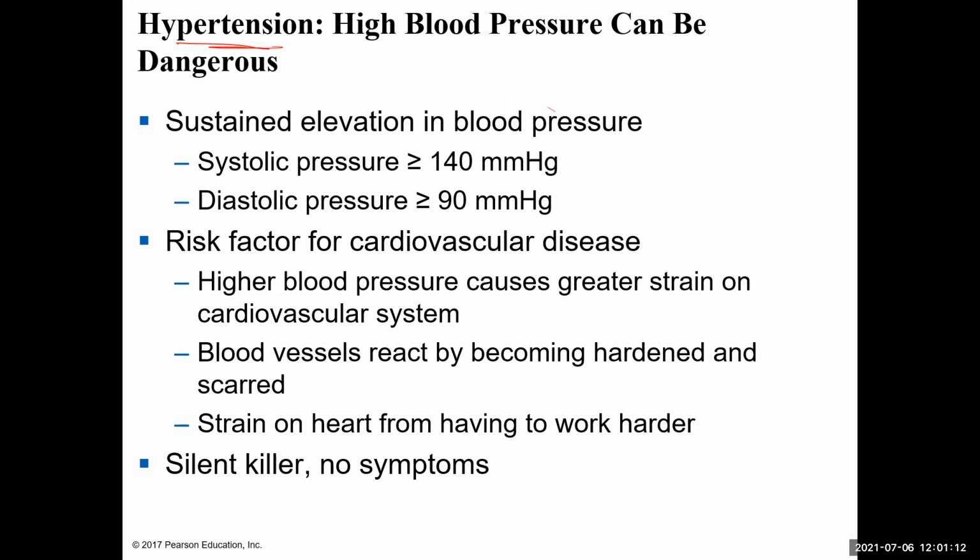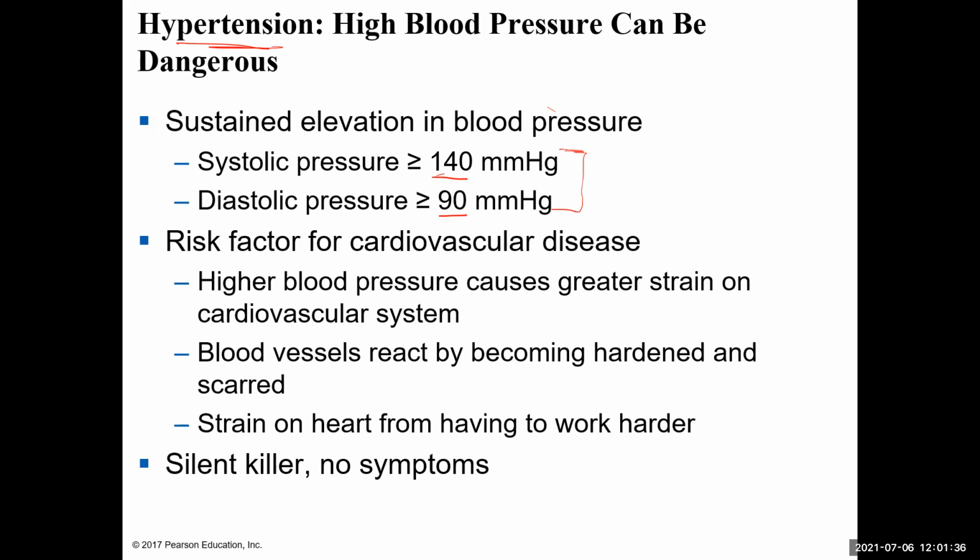If your body is sustaining an elevated pressure of 140/90, so if your systolic pressure is greater than 140, or if your diastolic pressure is constantly greater than 90, then you're characterized as having hypertension.